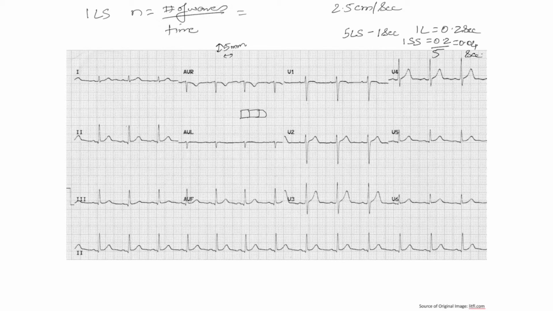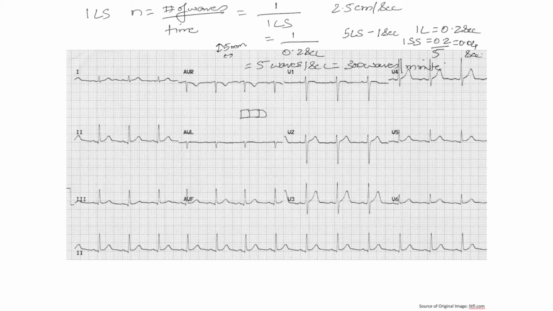We said that there's one wave after each large square, so the time elapsed would be one large square, which is 1 by 0.2 seconds. That would be equal to 5 waves per second, and that would be equal to 300 waves per minute.